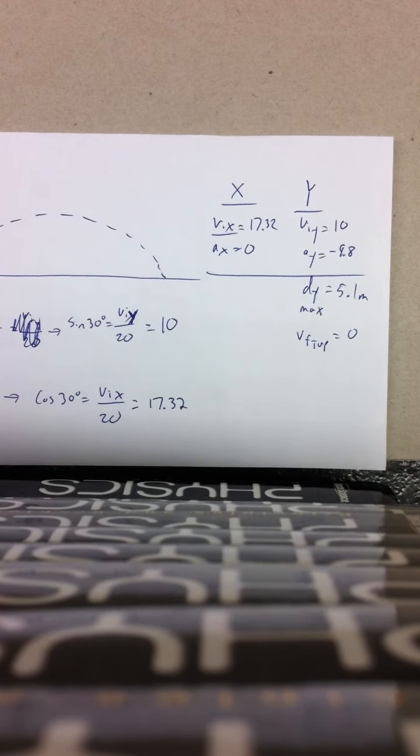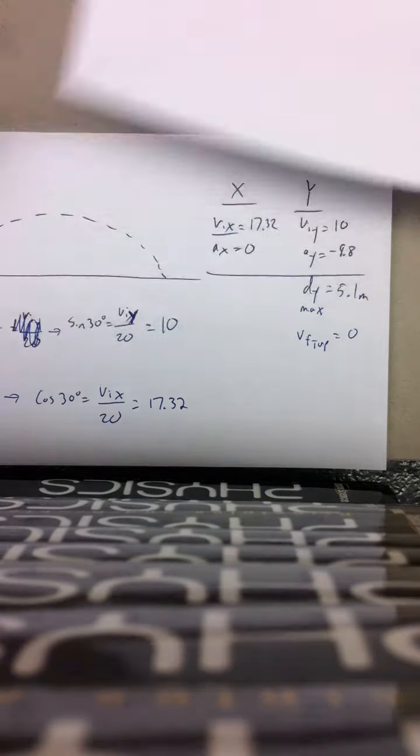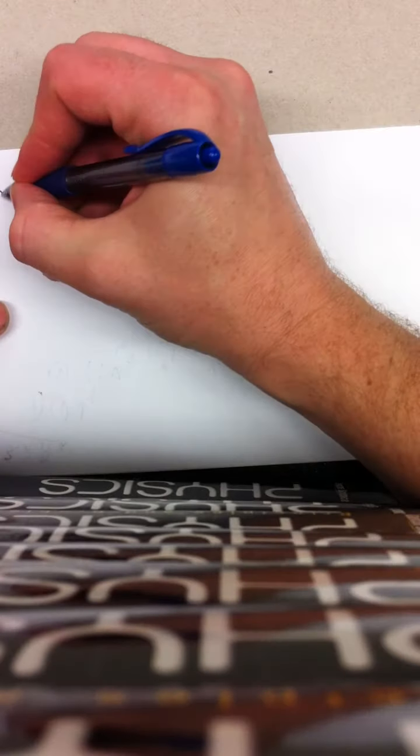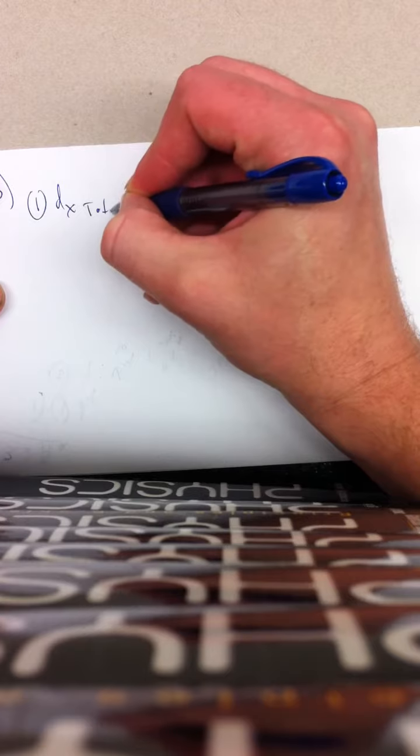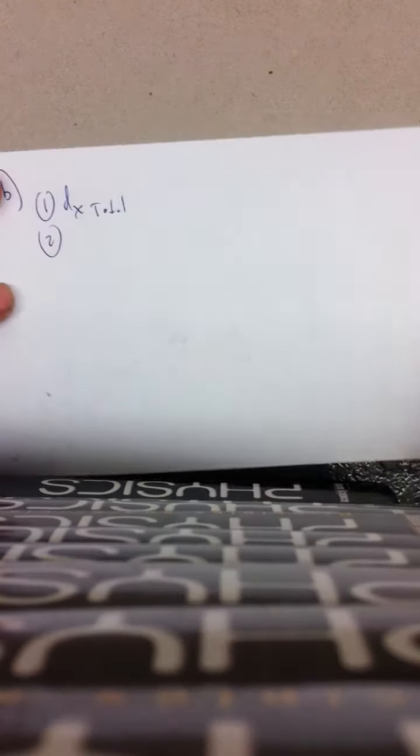All right, now the next question says, what horizontal distance does it travel? So I'm going to use a different piece of paper here. So we're going to do for part B, we're going to solve for dx total. Step 2, I'm going to use the horizontal column.